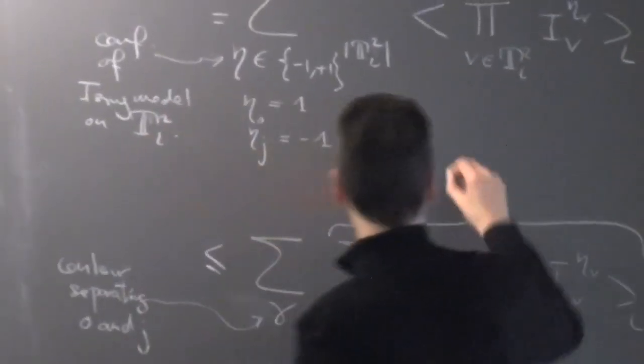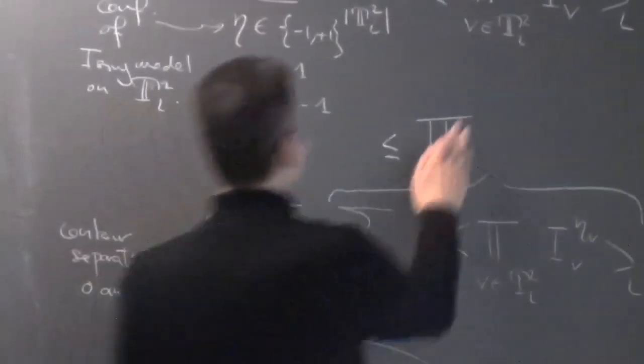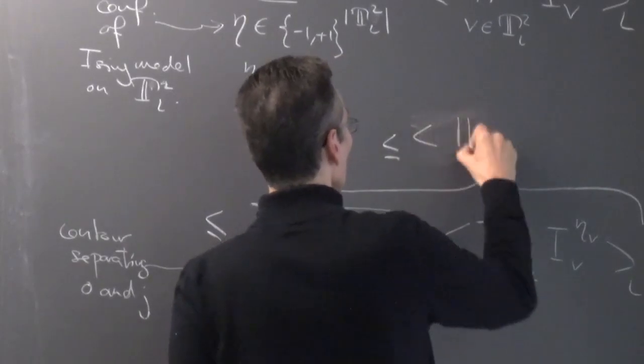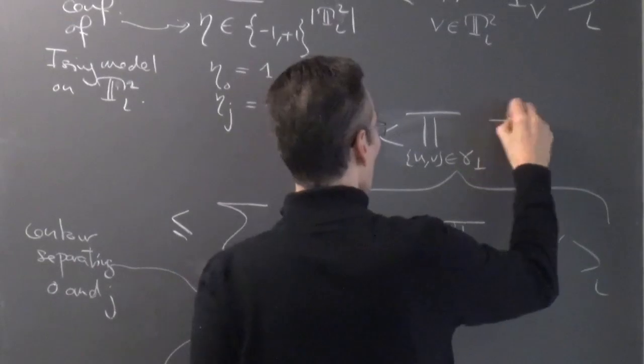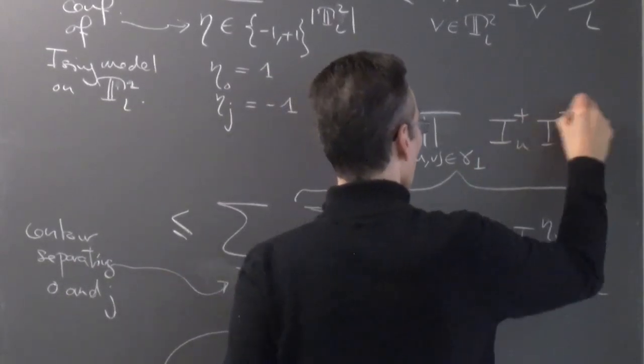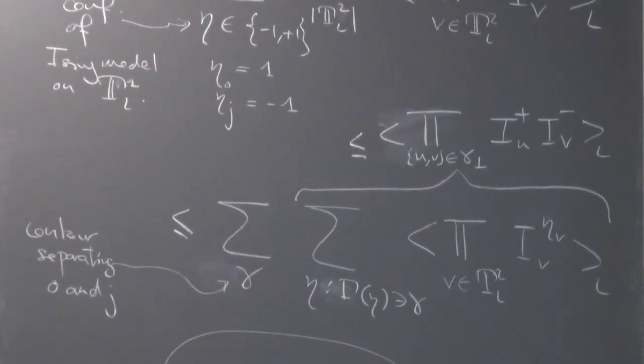So this is smaller than the expression which is up there, the expected value of the product over uv in gamma orthogonal, I plus u, I minus v. Right? That's what we have proved.